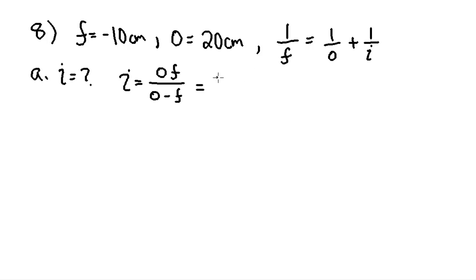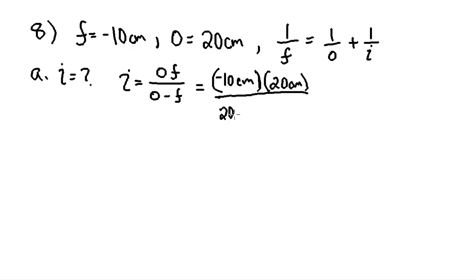Alright, so we have negative 10 multiplied by 20, all divided by, no, I flipped these two around. So this actually belongs here and this belongs here, but the order of multiplication doesn't matter. What matters is that I get it right down here.